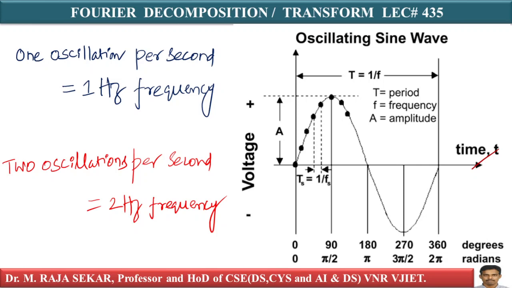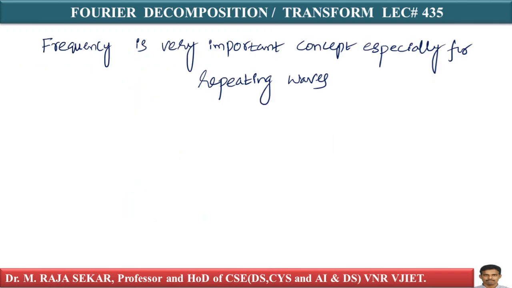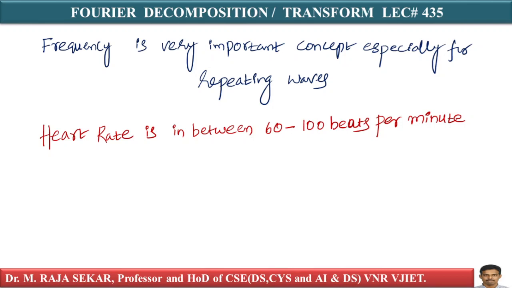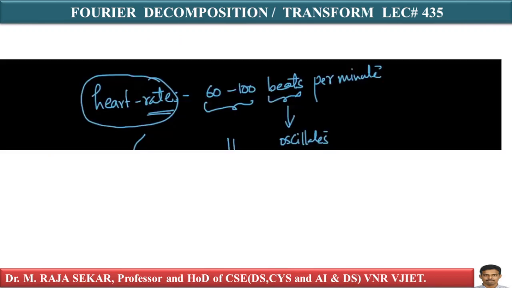For example, suppose you have your heart rate. If you go to any doctor, or even Google search for it, human heart rate is between 60 to 100 beats per minute. When the heart beats, it contracts and expands. You can think of beats as oscillations.